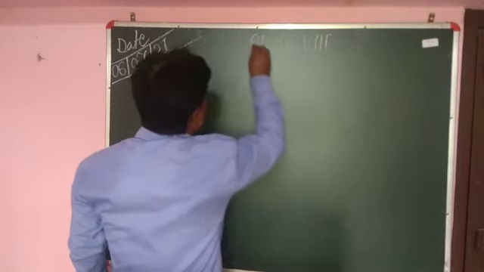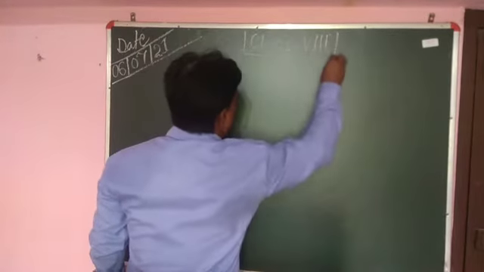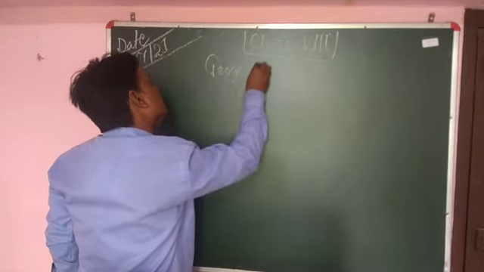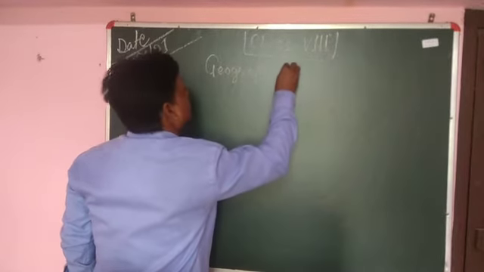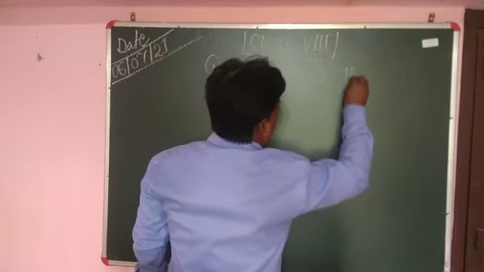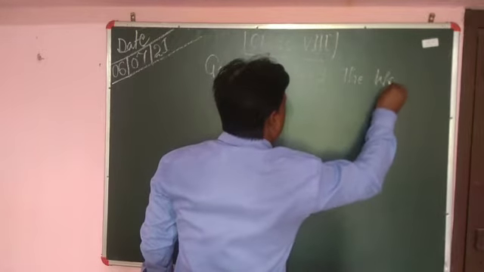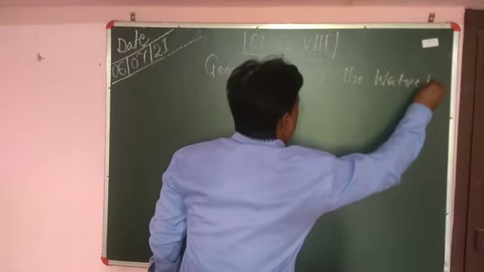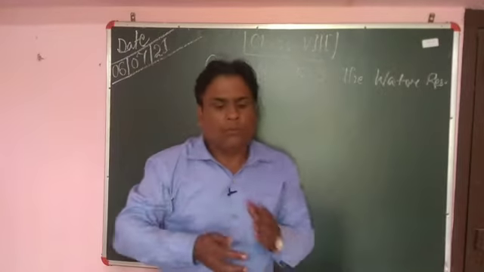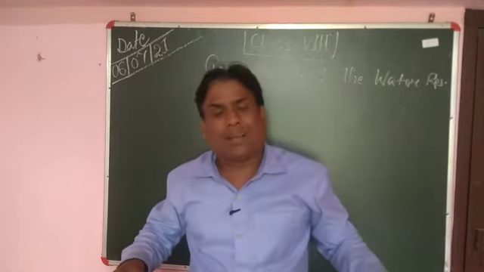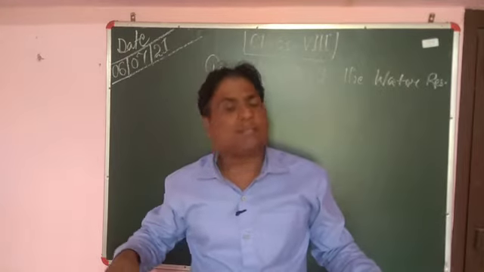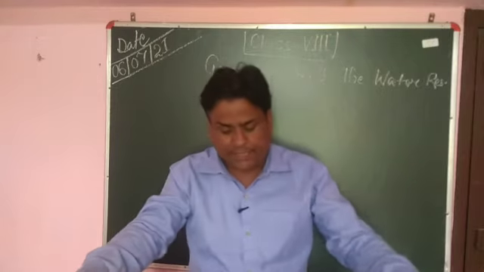Geography chapter 3, Chapter 3, the water resources. Okay, so I request all the class 8 students to please open your book on page number 149. Let's start this chapter without wasting any time.